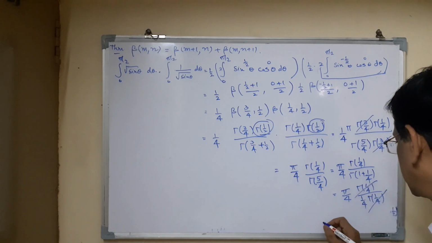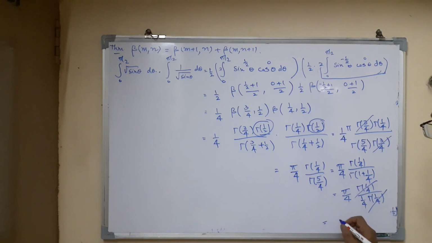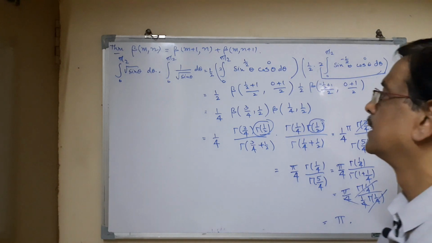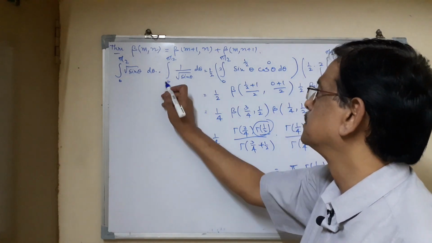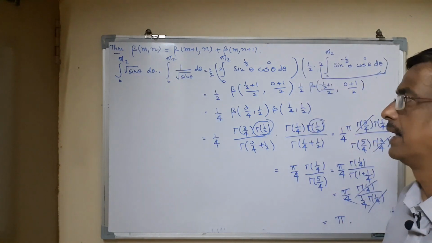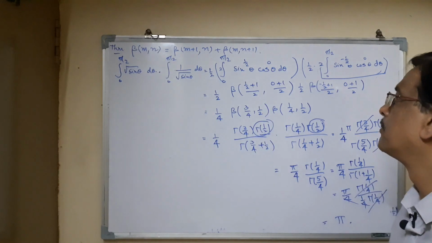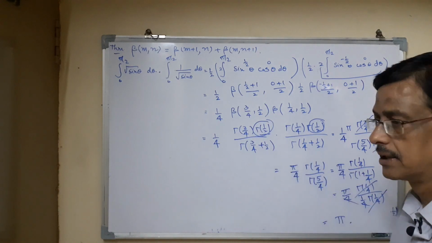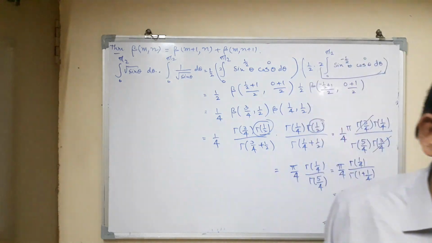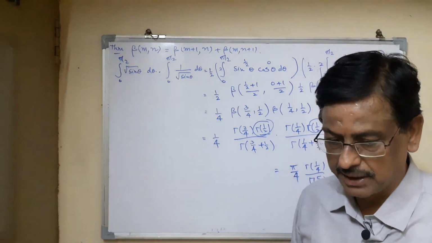So you can cancel. You can cancel this 4 and 4, so you'll get pi. So the integral 0 to pi by 2 root sine theta into the integral 0 to pi by 2 1 by root sine theta d theta is pi. Whatever the problem of this kind, you have to do it separately. This is what is used for beta gamma functions, and most of the problems on this.